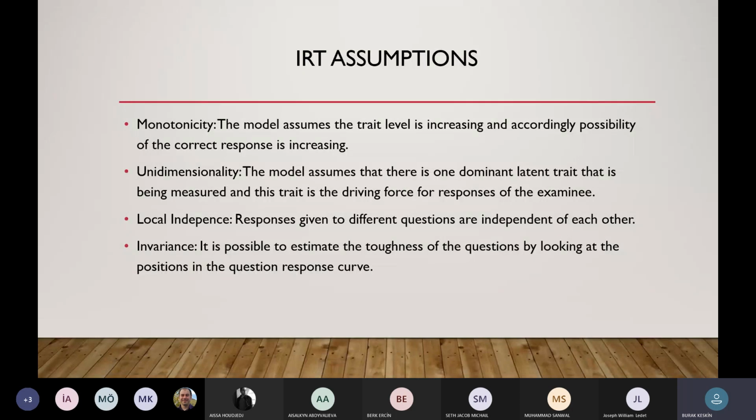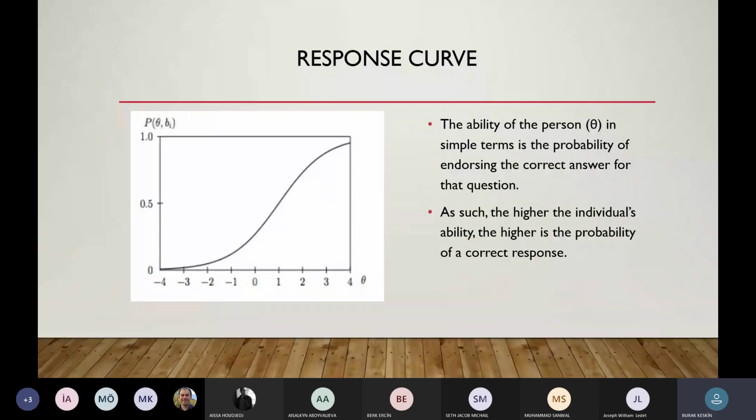Local independence: responses given to different questions are independent of each other, so they actually change the outcome, score, and the next question, but they are independent from each other in their own context. The last one is invariance. It is possible to estimate thousands of questions by looking at the positions in the question response curve. This is an example response curve.